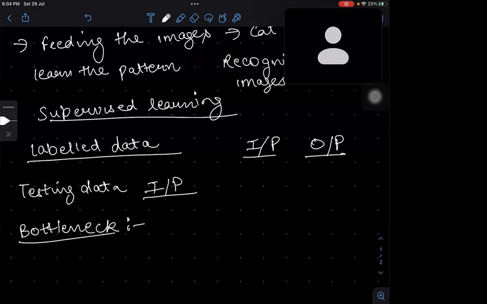Lack of data? Yes, you are all correct. I have to give it more and more data. The more data, the more images, the higher the accuracy of the model. So we need a lot of labeled data.